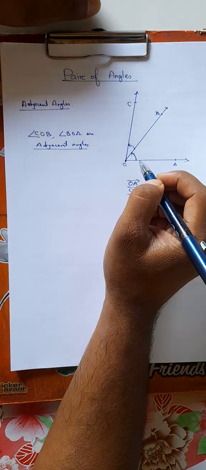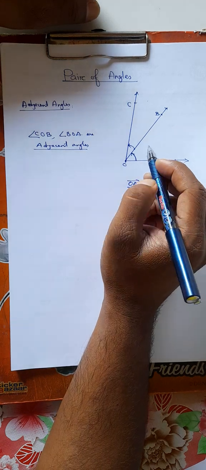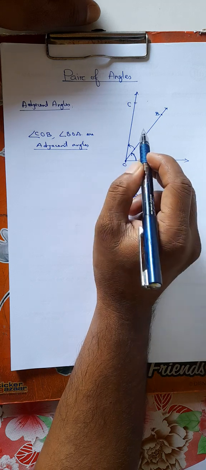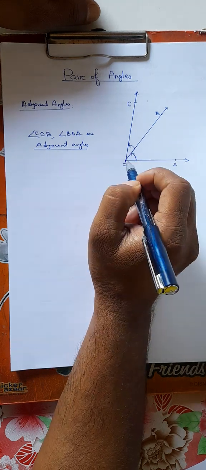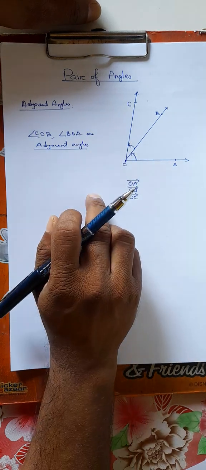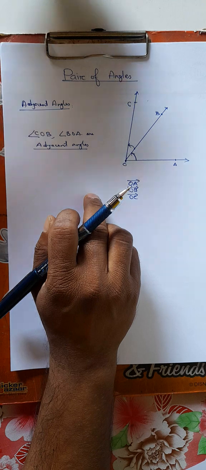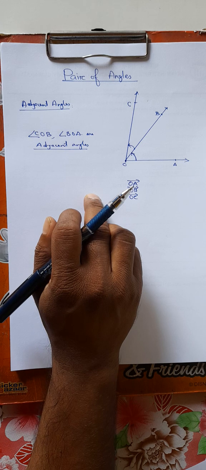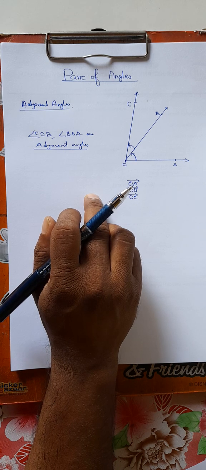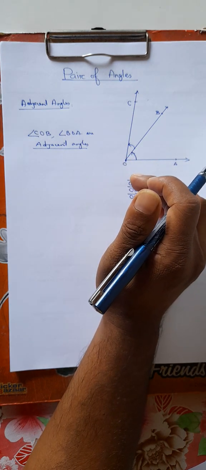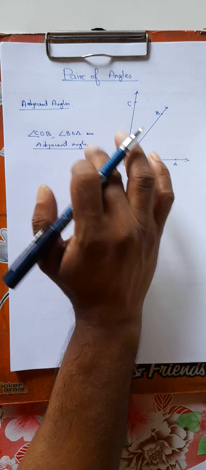Right? So a pair of adjacent angles have a common ray and non-common rays are on either side of the common ray. There is a common vertex. Right? So a pair of angles are said to be adjacent if they are formed by three rays and the rays are starting with the same vertex, initial point same vertex, and non-common rays are on either side of the common ray.